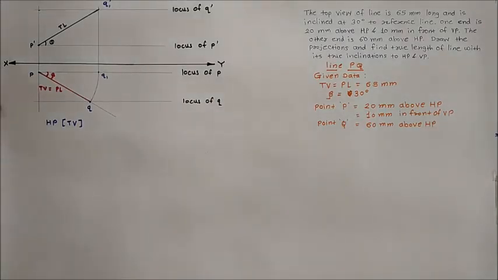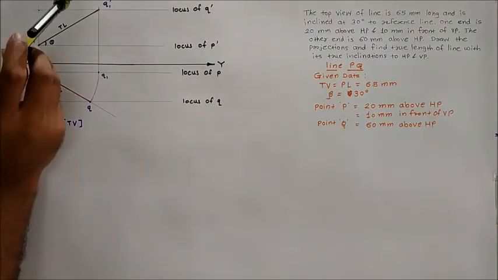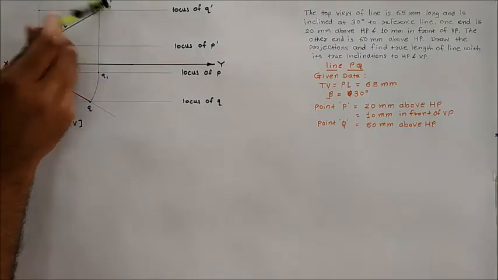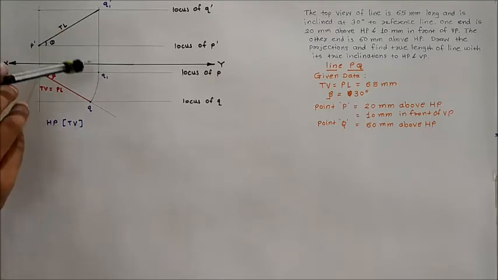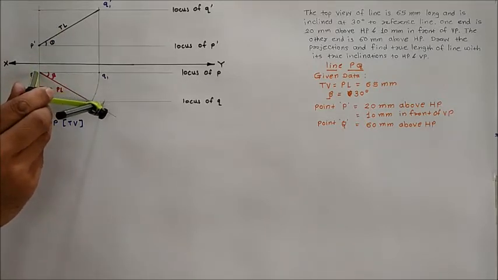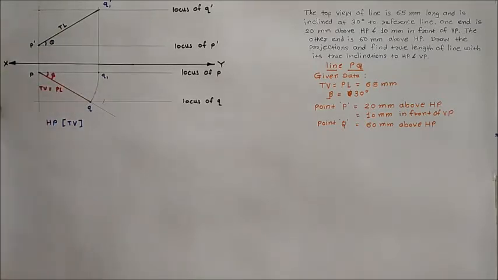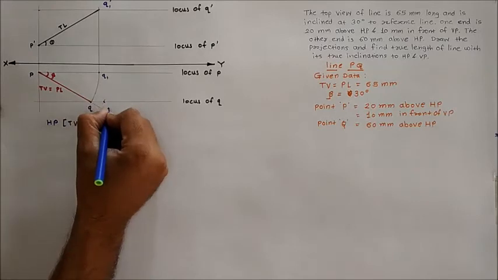Then for marking the true length in the top view, take the dimension P dash to Q dash in your compass. Keep your compass at point P in the top view and mark the point on the locus of Q. Give the nomenclature to that point as Q2.